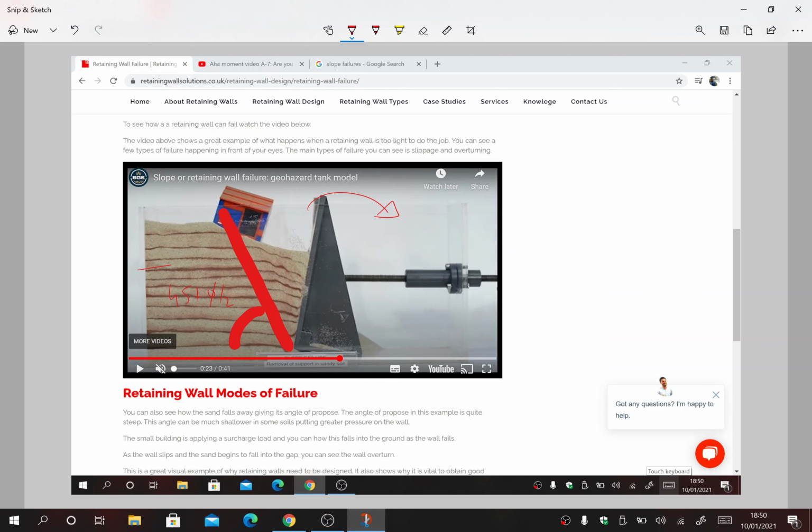Here the failure plane, this red color, is making an angle of 45 plus phi by 2. All of these can be possible failure planes, and we can also have failure planes in this direction. They all make an angle of 45 degree plus phi by 2, and this is called the shear pattern.